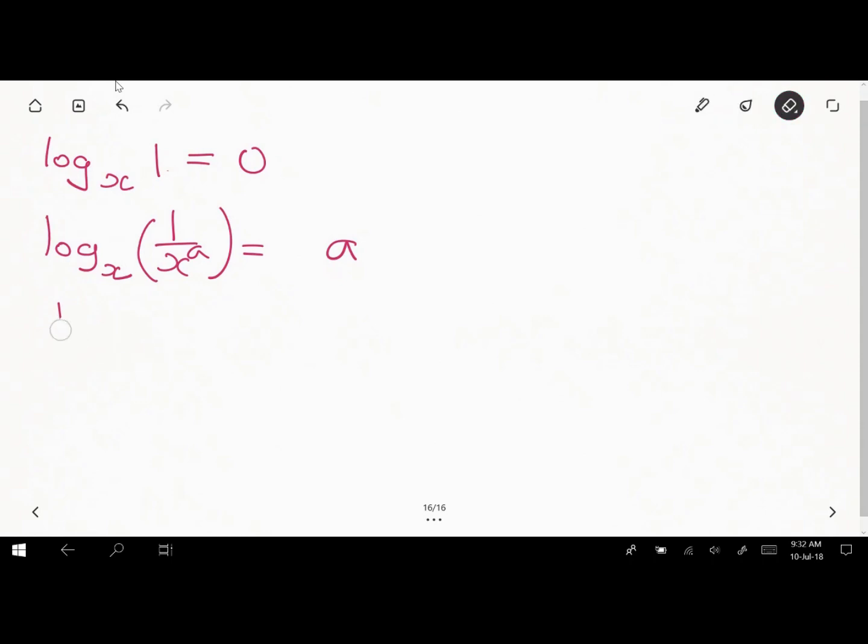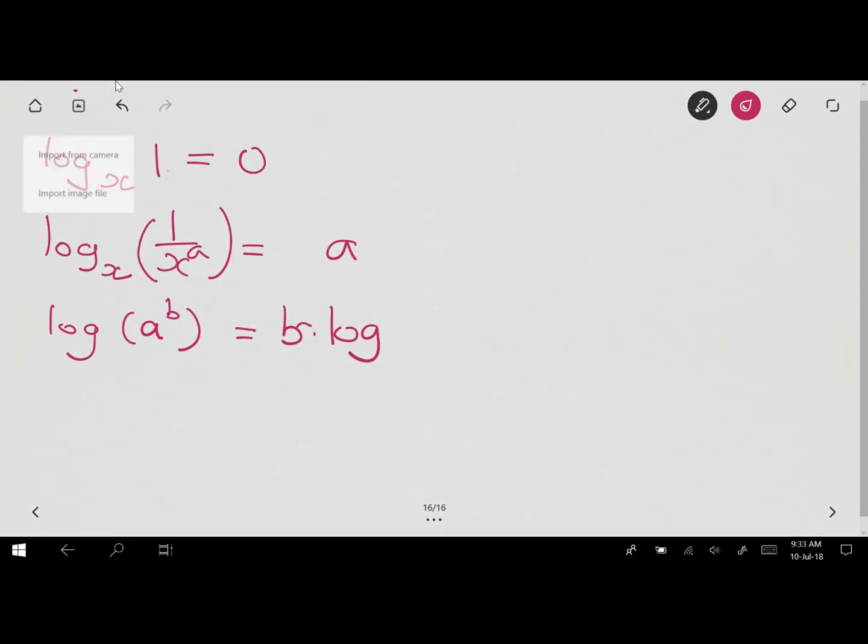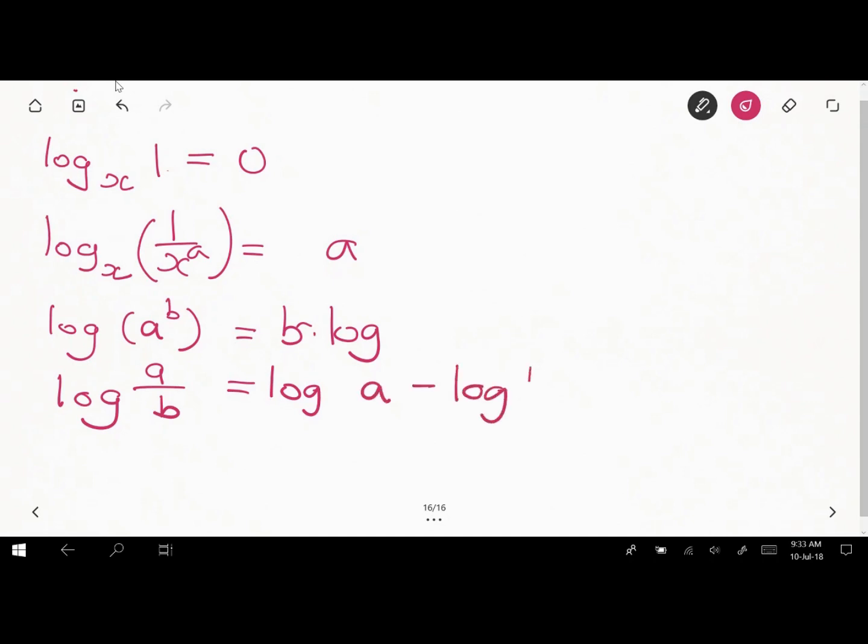Log a to the power of b is equal to b times log a. Then log a over b is equal to log a minus log b.